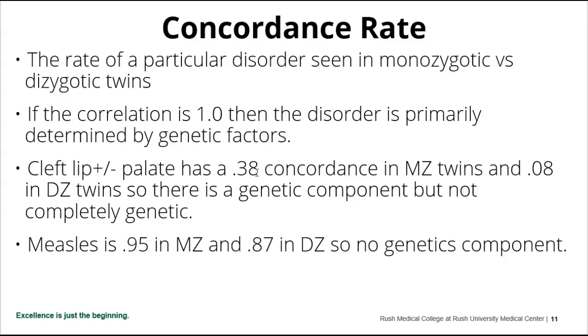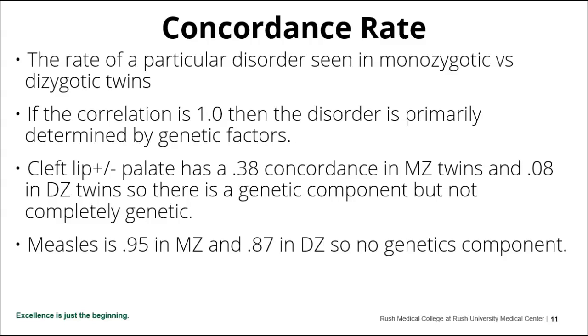Cleft lip and palate has a 0.38 concordance among monozygotic twins and 0.08 in dizygotic twins. So there's a genetic component, but it's not 100% genetic. So identical twins are only concordant about 40% of the time for cleft lip and palate, that one has it and the other has it.